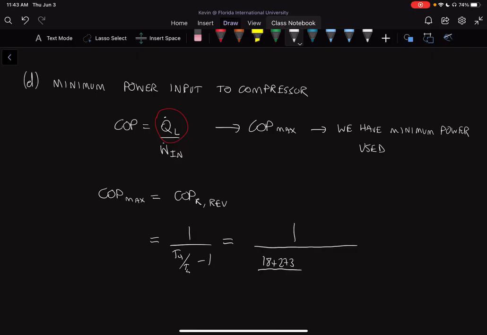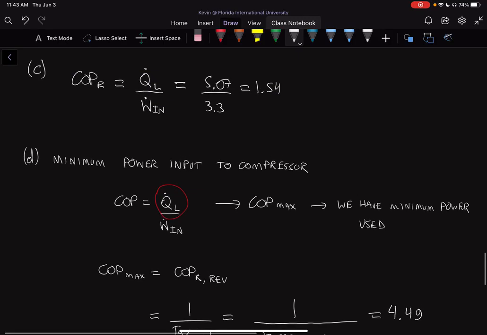Do not forget to change it to Kelvin. If you do not change the temperatures to Kelvin, you will get very, very strange results. The TL is given as minus 35 plus 273, minus 1. And so we get that the maximum COP is 4.49.